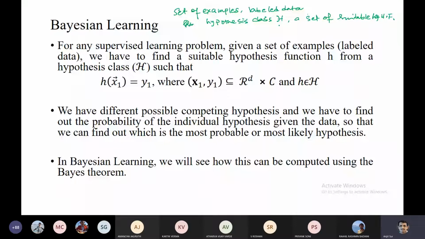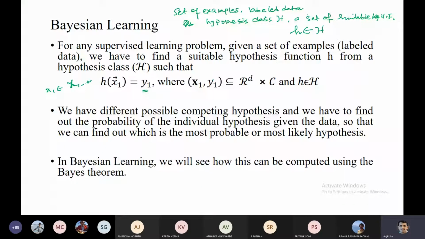So a function h from a hypothesis class H such that h of x1, where x1 is a data sample, 1, 2, up to n, will give you a y1. What is x1, y1?